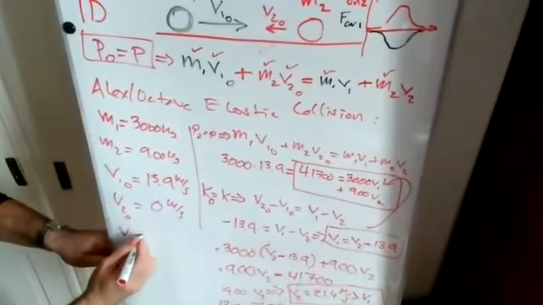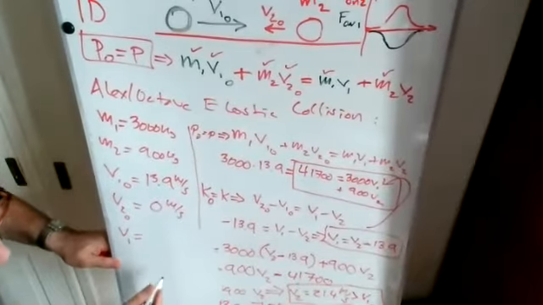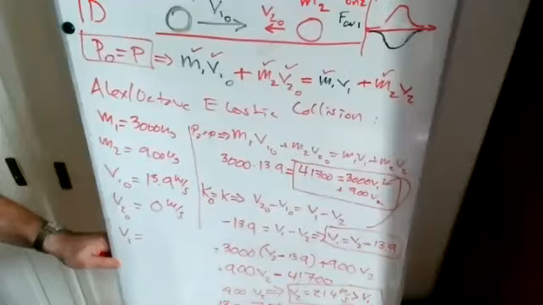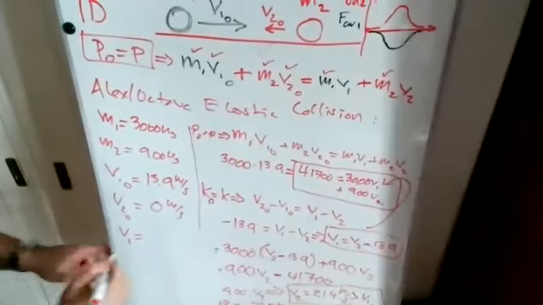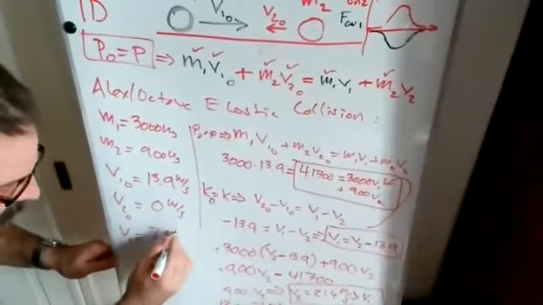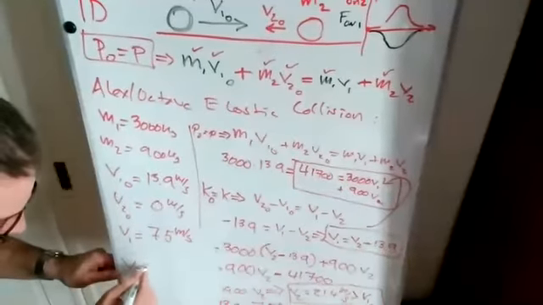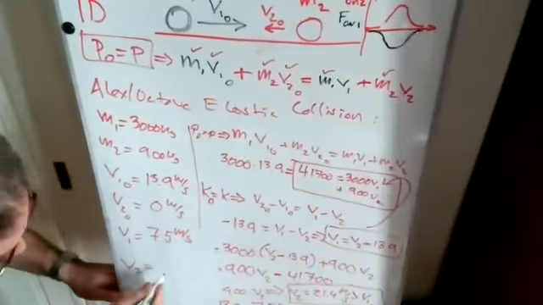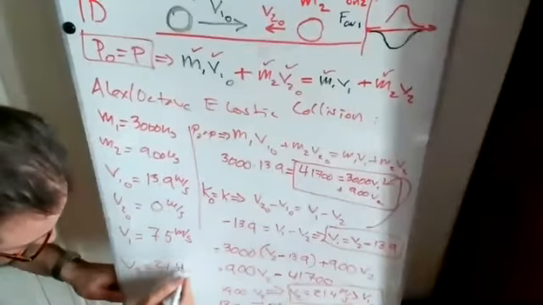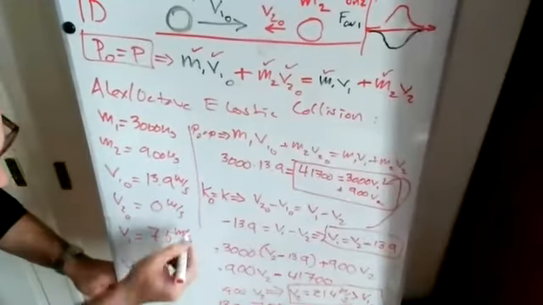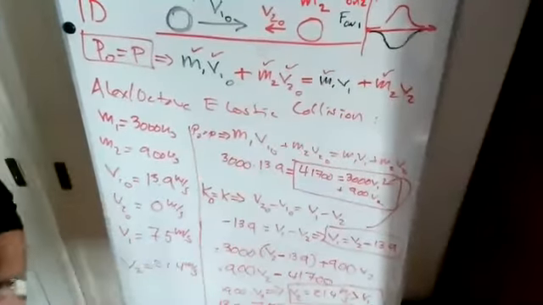So we found V1, sorry, V1 is 7.5 meters per second. That's the final speed for V1. And then we have V2 being 21.4 meters per second. And I'll draw the line down here.